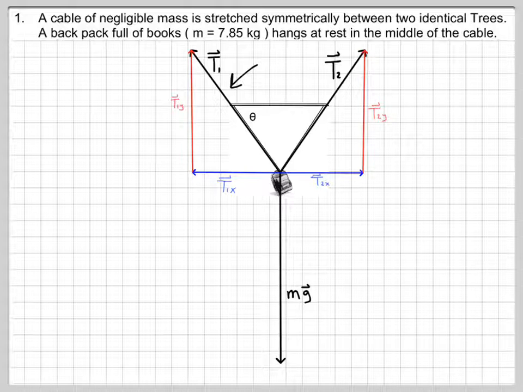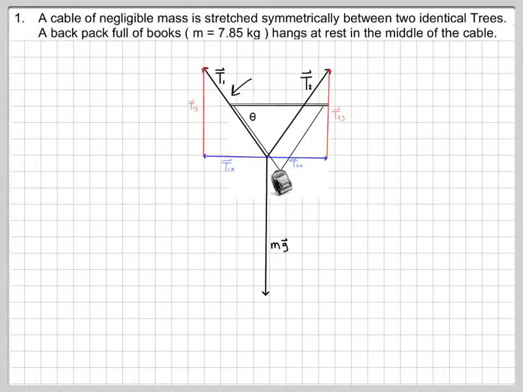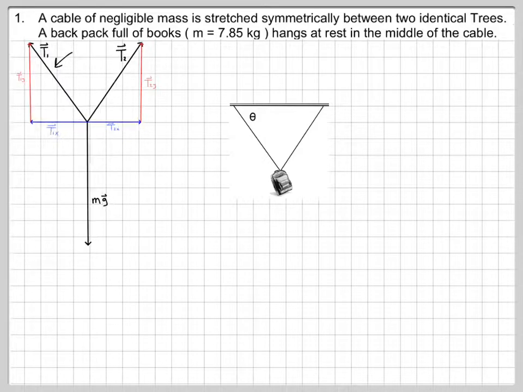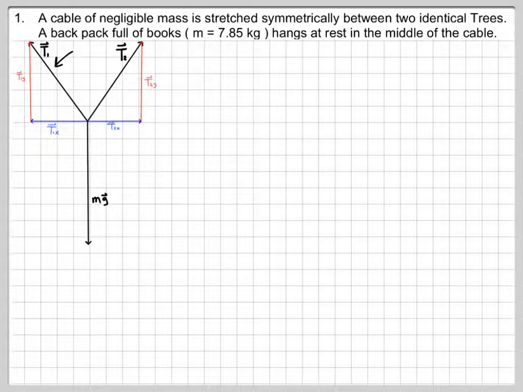So let me take this and shrink it a little bit, move it over here, and let me get this guy out of the way, like that, and then apply Newton's second law of motion in equilibrium form to this particular problem. So all of these problems should start with us writing down Newton's second law, sigma F equals 0.